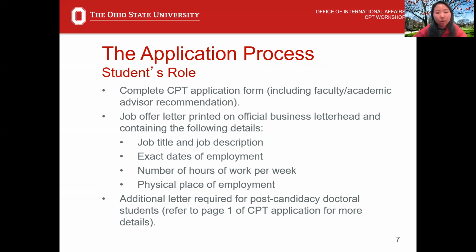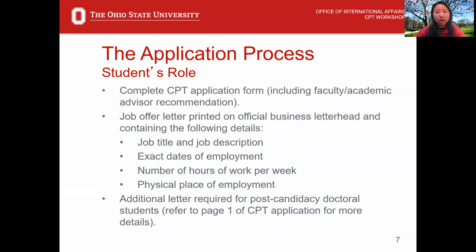So going over the application process, the student's role is to complete the CPT application form, including the faculty academic advisor recommendation. This would be in 2 parts. First, your academic advisor would need to attest that your CPT is related to your major, and they need to specify 3 different academic objectives that would further your curriculum in regards to your CPT and your major.